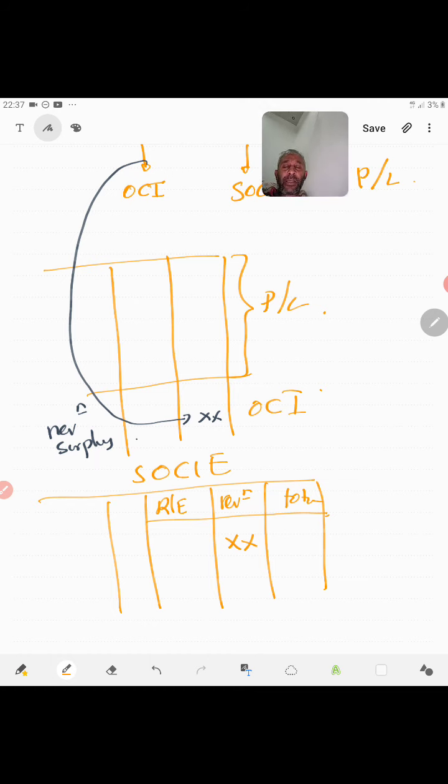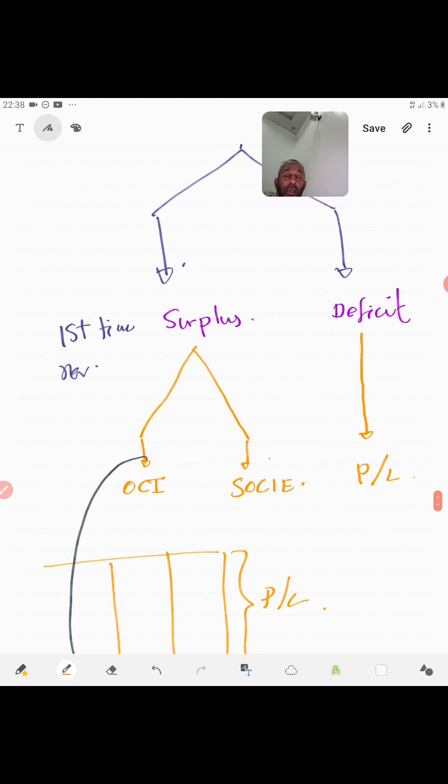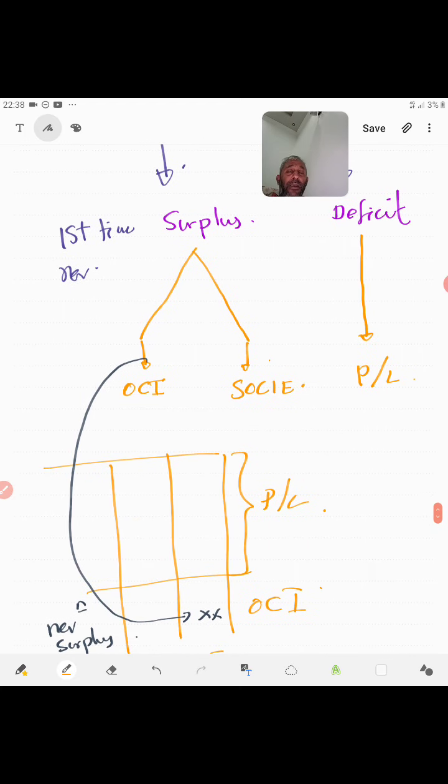In the first-time revaluation, you will have to report the revaluation surplus and as well in the statement of changes in equity. So that is fine. Now, if it is a deficit, it will be taken to the profit and loss account as an expense. So these two will be considered like income, and this will be considered as an expense.